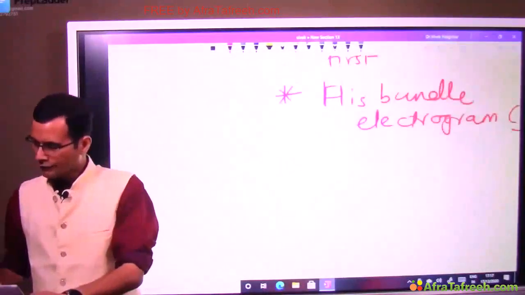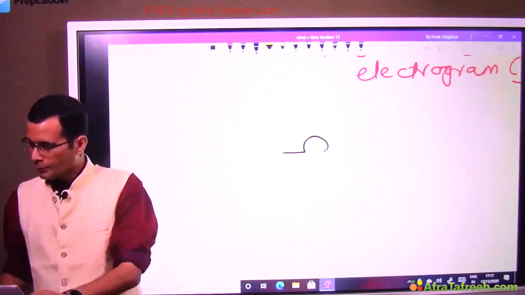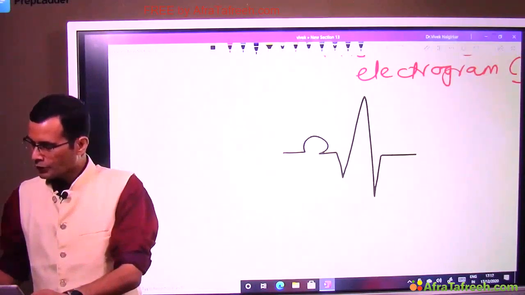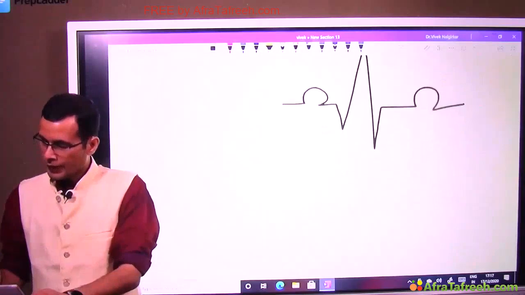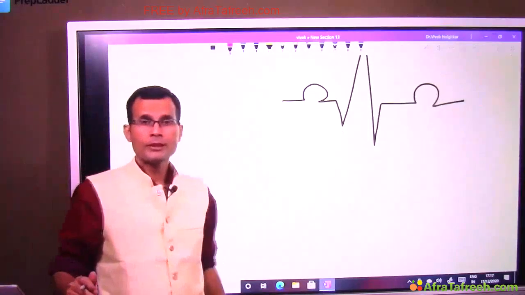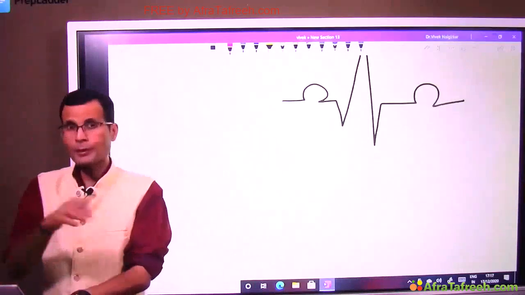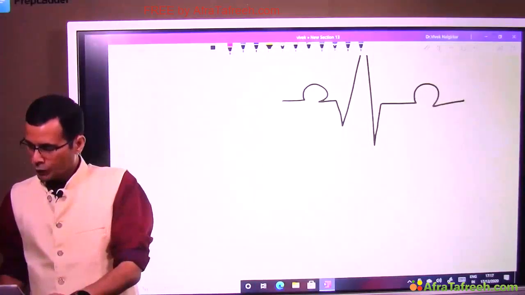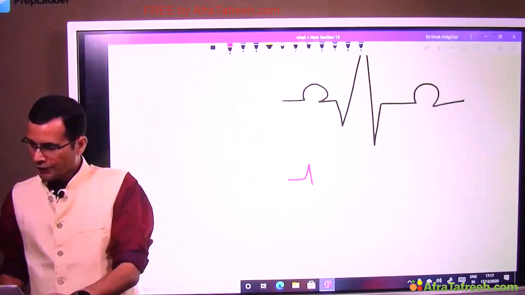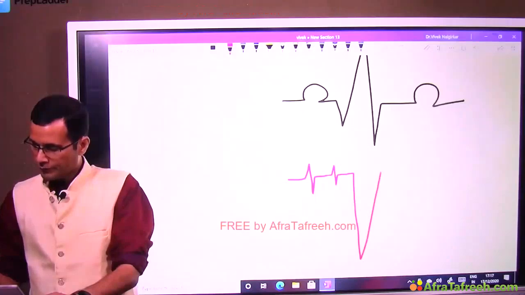So here we have the ECG, P wave, QRS complex, T wave, and now the His bundle electrogram, the electrical activity recorded from the His bundle, with the electrode placed over there. It shows these waves: A wave, H wave, and V wave.